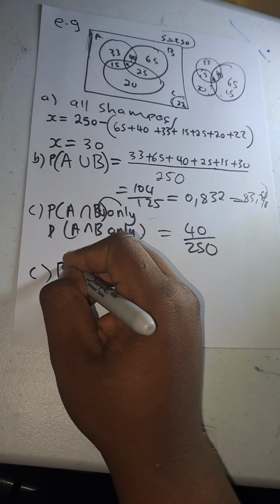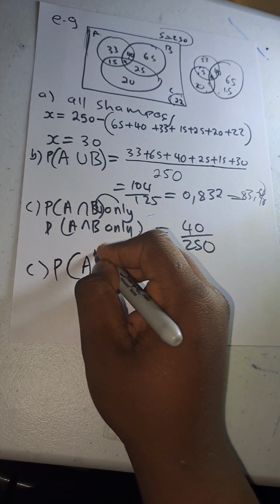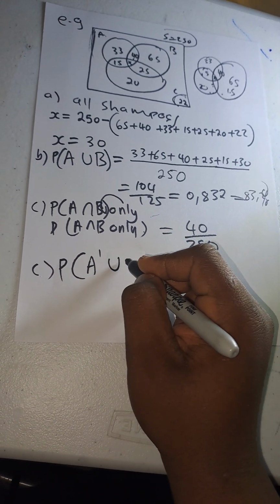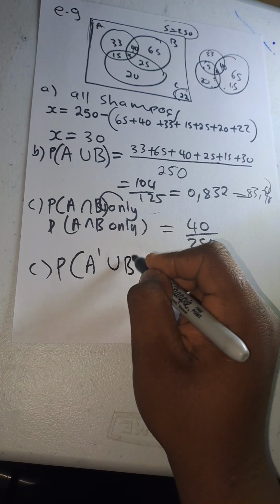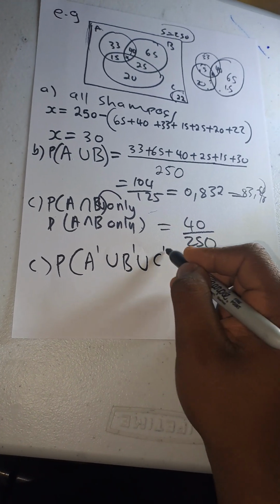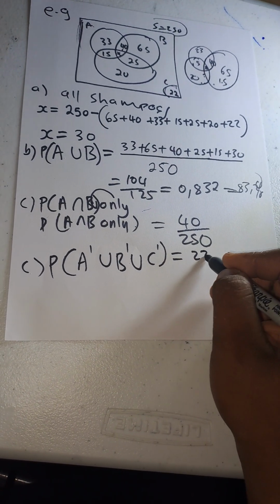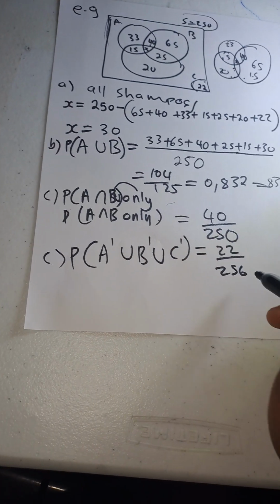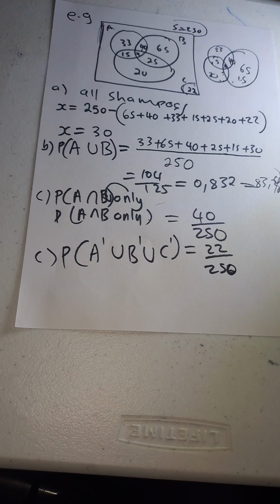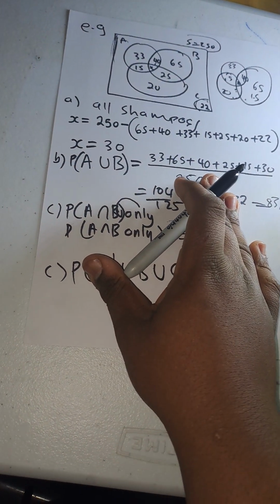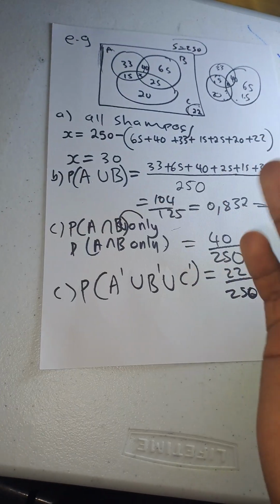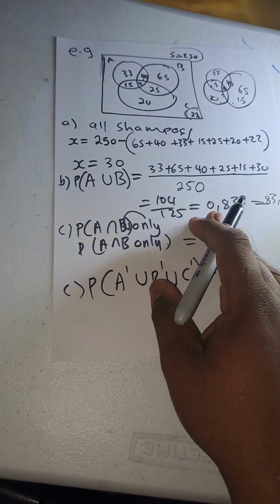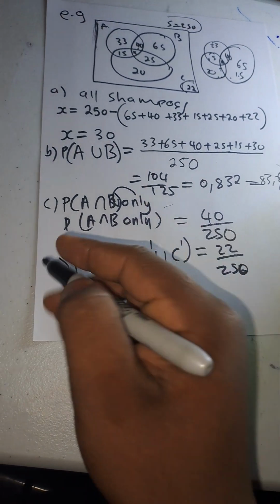So you're gonna say the probability of not A, and not B, and not C is gonna be 22 over 250. Then we're gonna convert it to decimals and percentage on your own. It's just simple there. All right, good stuff.